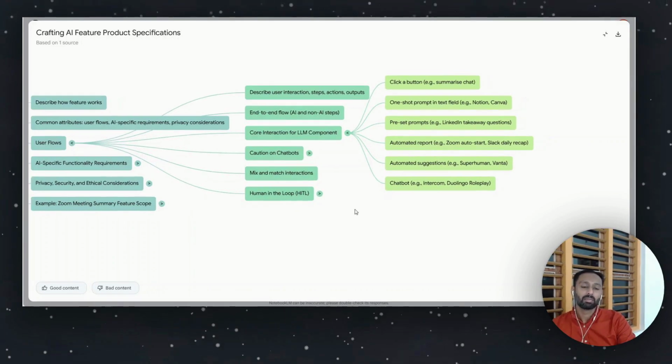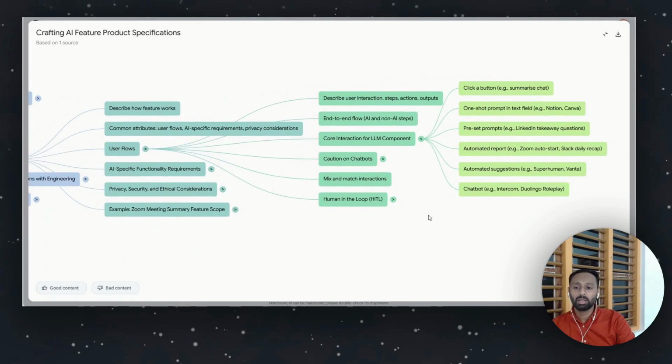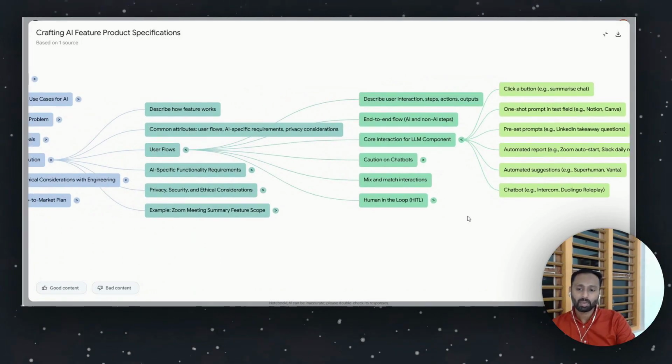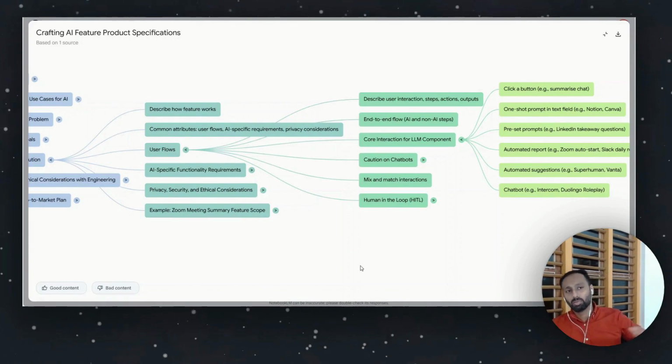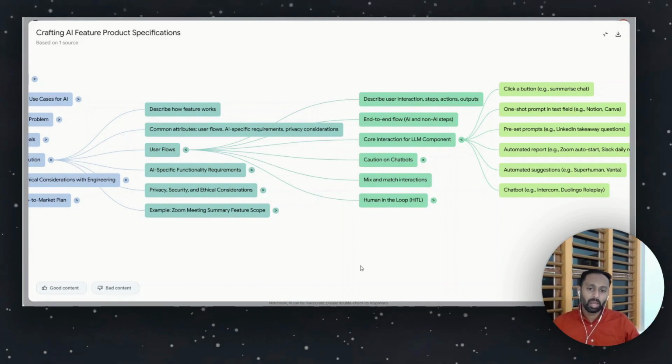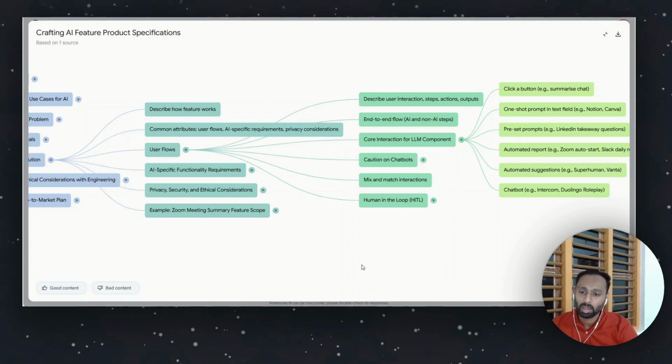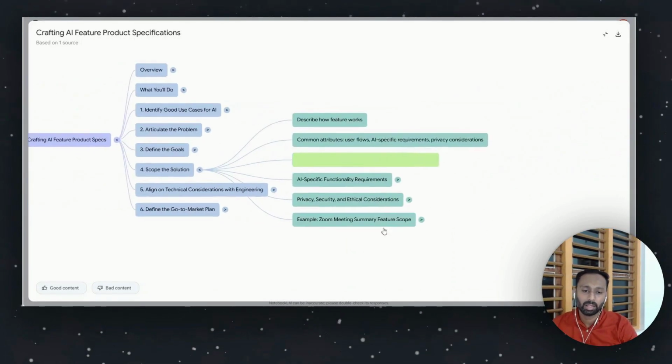All these things need to be really thought through. Basically, end-to-end user flow, which involves the AI feature also, and AI specific functionality requirements.